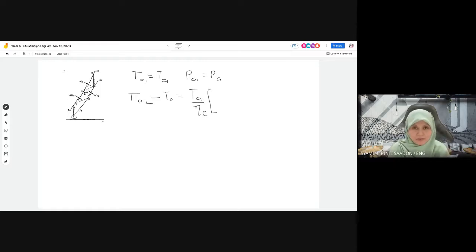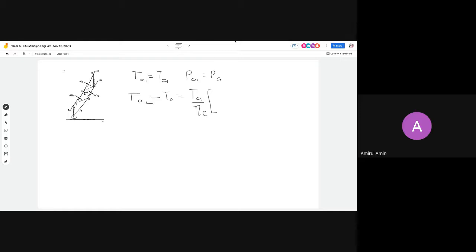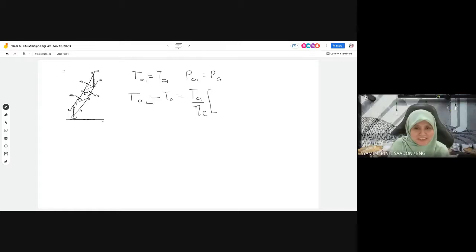We copy equation 2.11, page 47 on the slide.